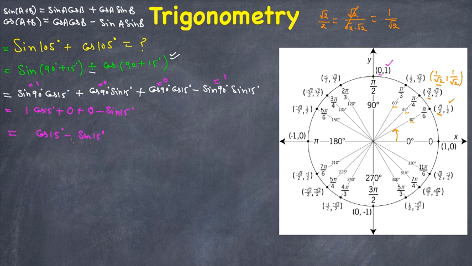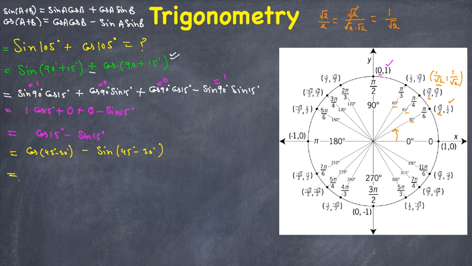Now we can approach these two parts as we did in our previous example. So we can break down 15 into known numbers from the unit circle, which is basically 45 minus 30. So let me write that down. So we can write cosine 45 degree minus 30 degree minus sine of 45 degree minus 30 degree again. So now we're gonna use again the t ratio.